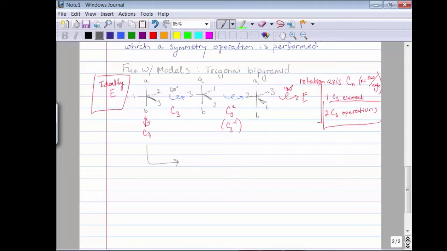It's right down one of the ligands. Okay, so if I draw this again down here, there is an axis of rotation here that you can rotate 180 degrees.